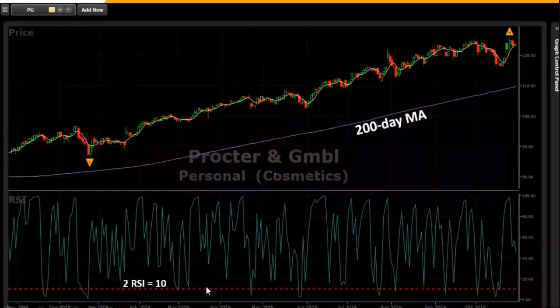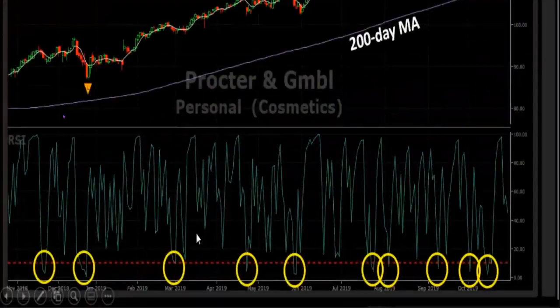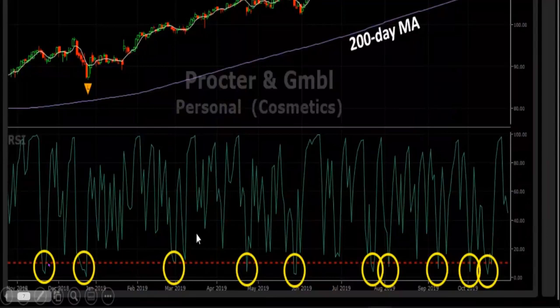And here's the 200-day moving average and the 5-day moving average. So that's what you have on your chart. And every time the price drops below the 5-day and the RSI drops below 10, that's a buy setup. So you can see them happen right here, right here, right here, and so forth.